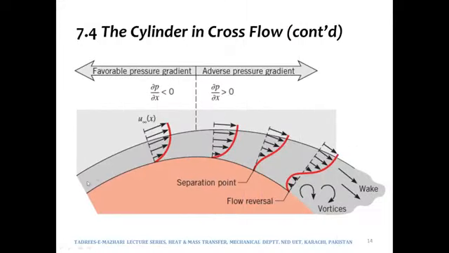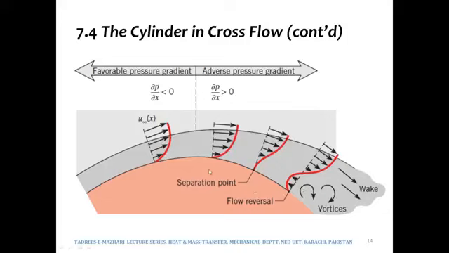Now when the fluid is flowing over that cylinder, due to the separation of the boundary layer, due to the separation of the flow from the cylinder surface, flow reversal takes place.